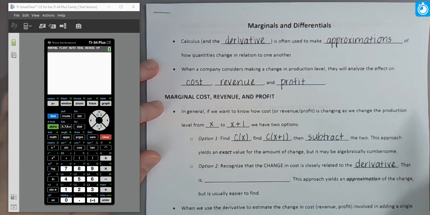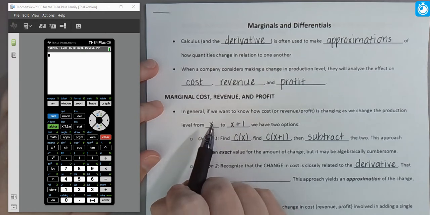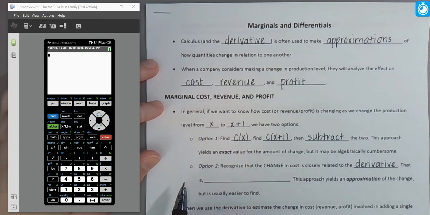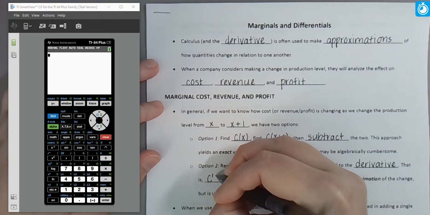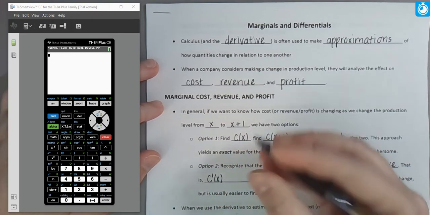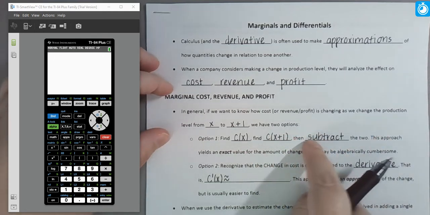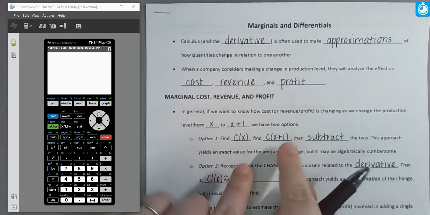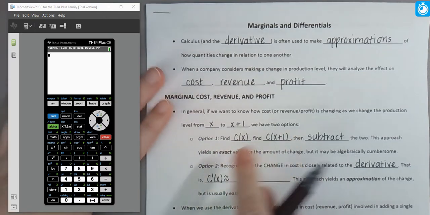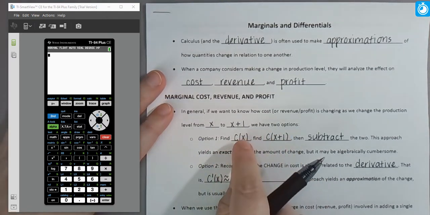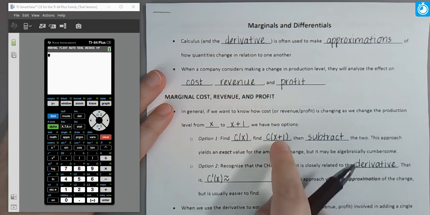So if we want to think of the amount of change in cost, that's the value we're representing the change in, with respect to a change in x, the change in the production level, the derivative essentially represents that. So the derivative, C'(x), is approximately the same thing as what it would take to subtract these two values. The difference between these two values is the exact amount of change to go from one production level to the next, to add one more unit.